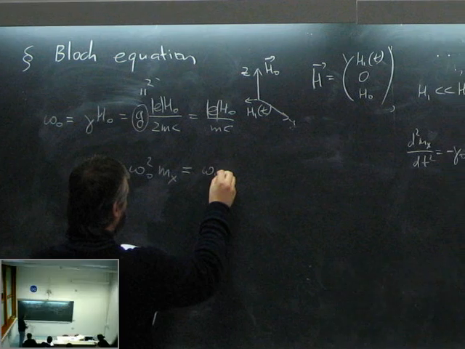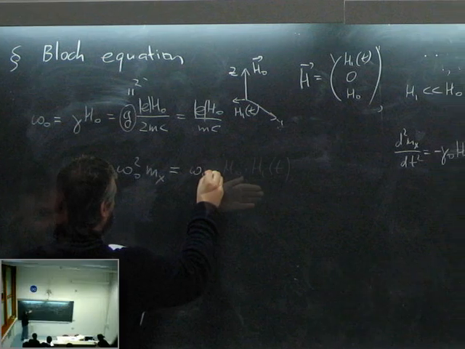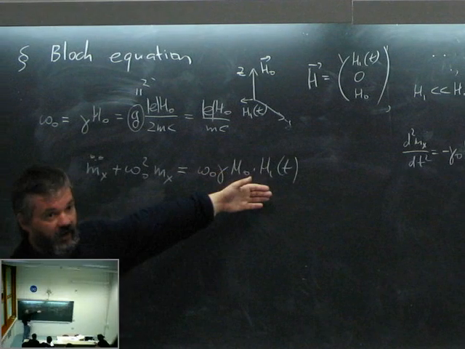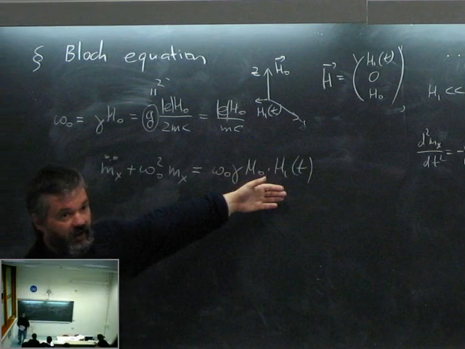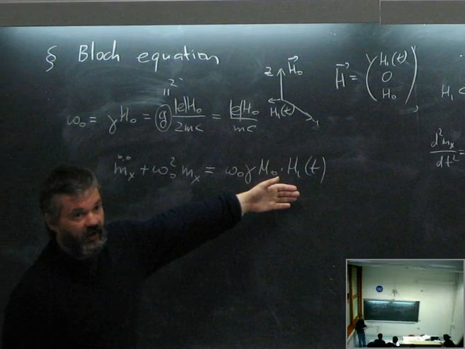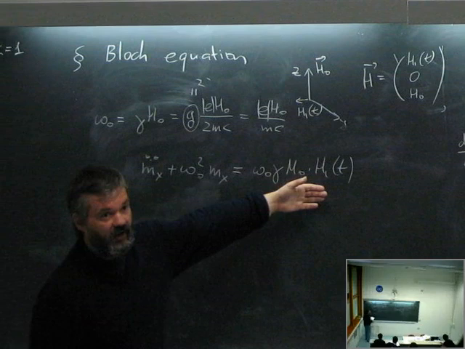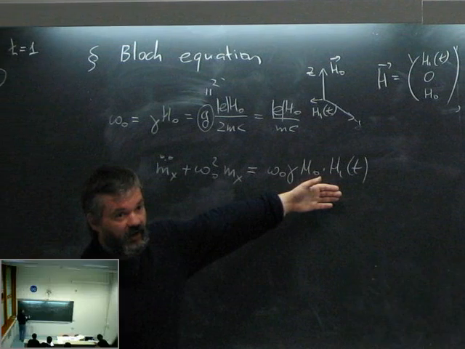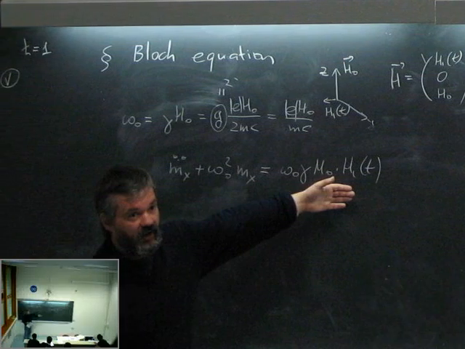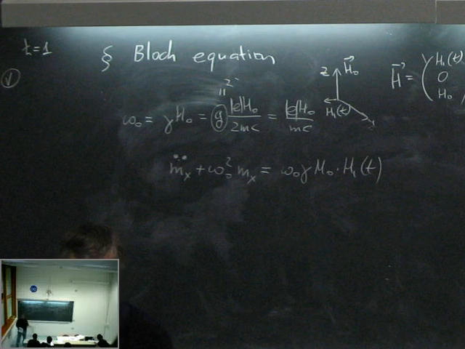So then, in principle, if I specify the form of the time dependent magnetic field, I can find a solution if I'm lucky. But in order to solve this linear differential equation for arbitrary function h1 of t, one needs to construct the Green's function of this differential equation.